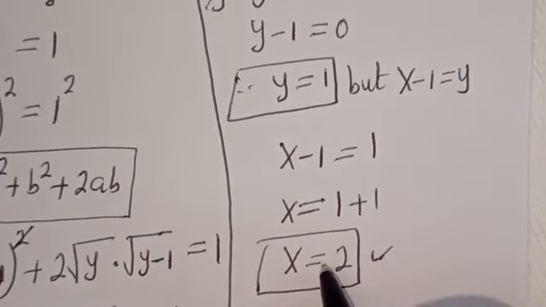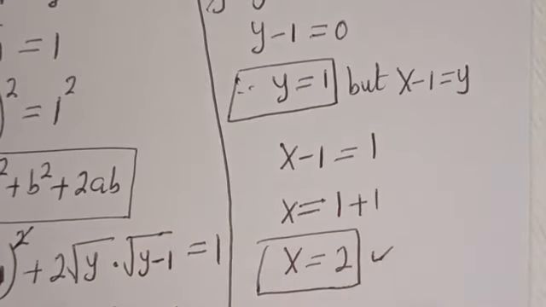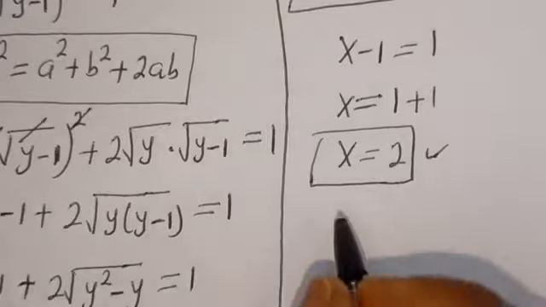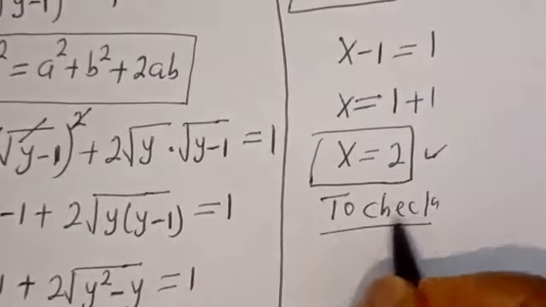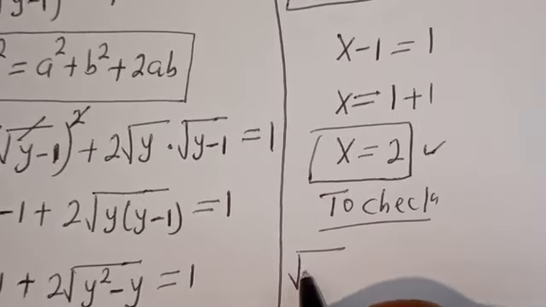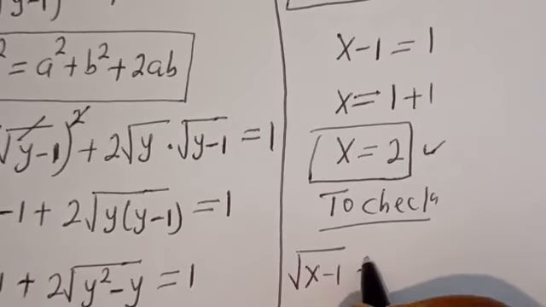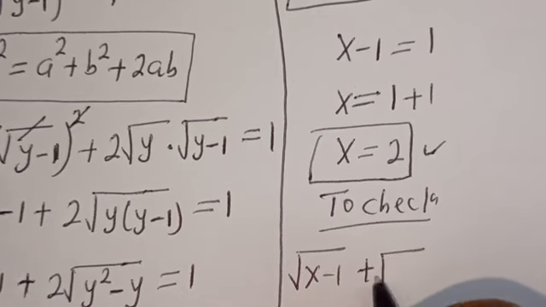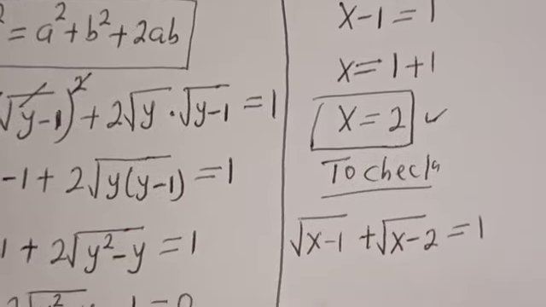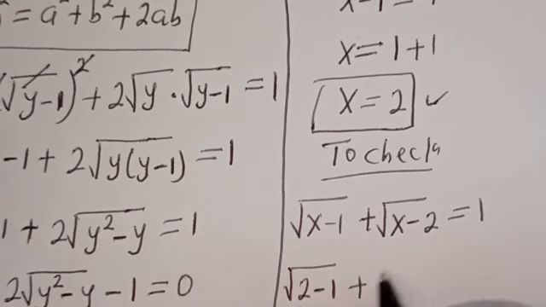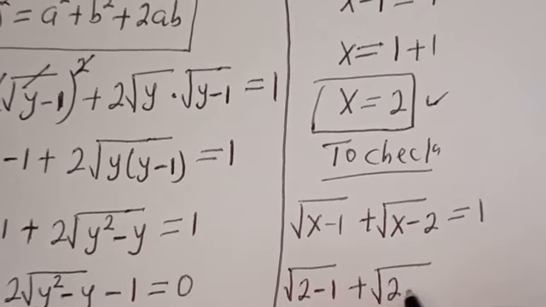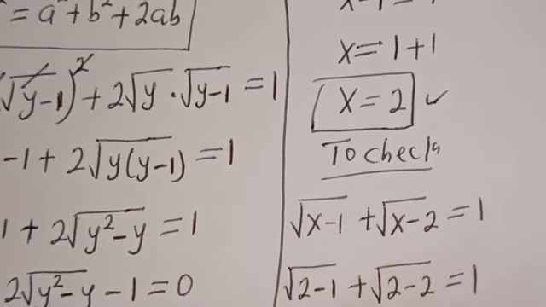We can check to confirm if this answer is right or wrong. Let's check. We have the given equation, square root of x minus 1 plus square root of x minus 2 equal to 1. When x is equal to 2, we have square root of 2 minus 1 plus square root of 2 minus 2 equal to 1.